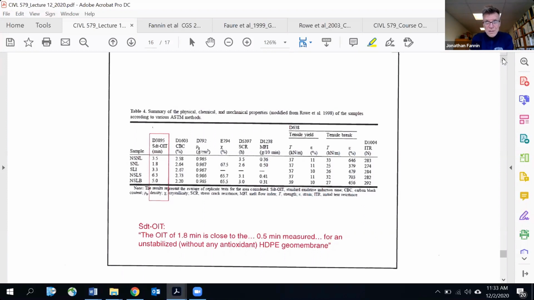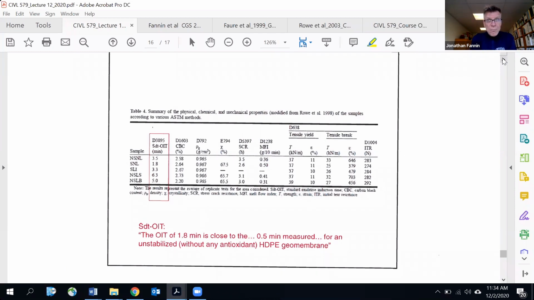We don't need to go into more details, but a long time, and typically modern geomembranes, as Kerry Rowe and co-authors observed, a modern geomembrane might have the order of about 100 minutes before you've, in this standardized test, consumed the antioxidant package. And in fact, the timing for the specimens here was of the order of 1 to 7 minutes. In other words, this OIT index test was saying, you know what?